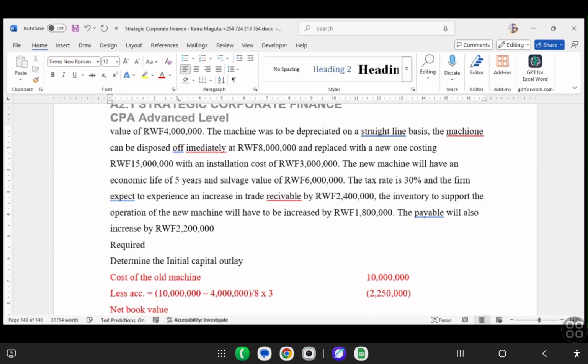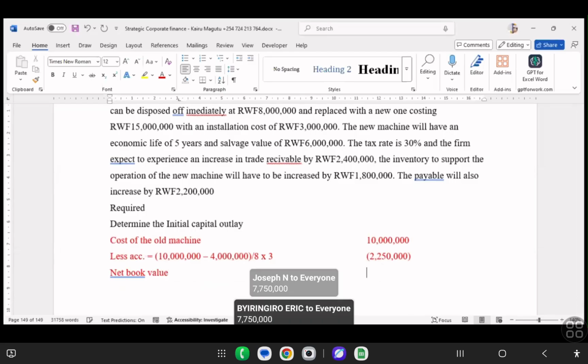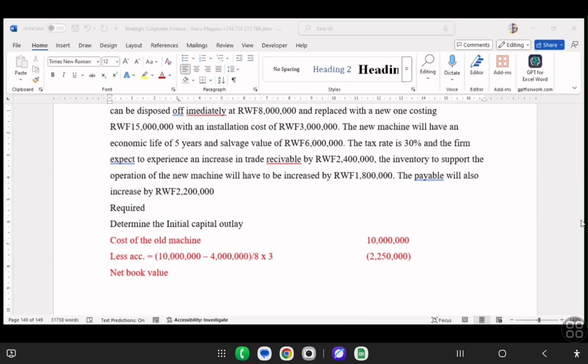10 million minus 2250. How much is that? Someone please give me the answer. 7750. That is what we have.